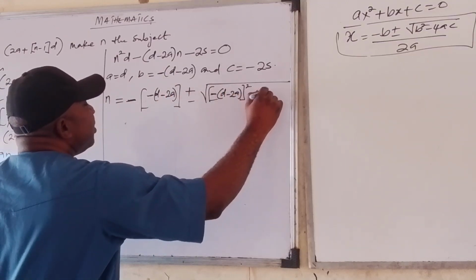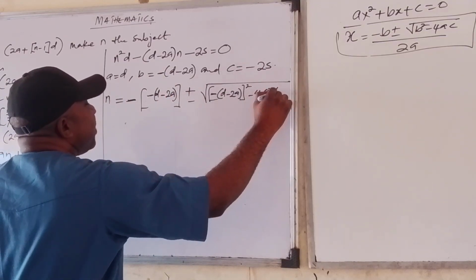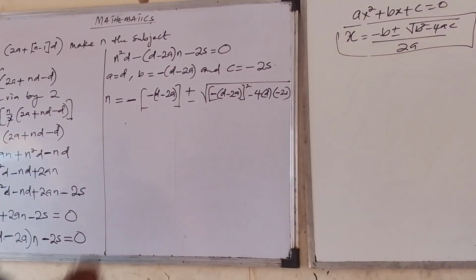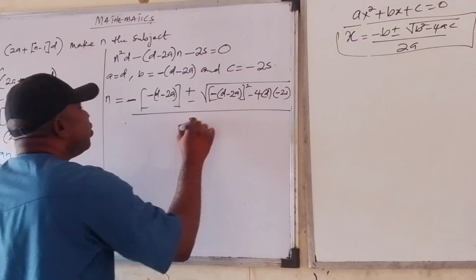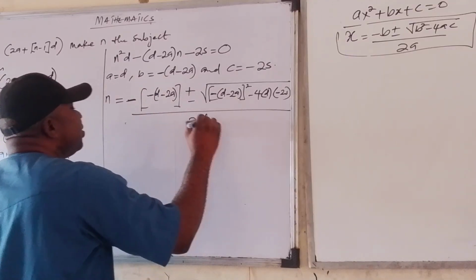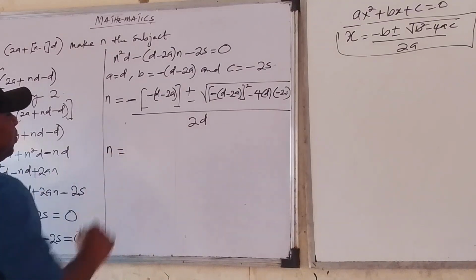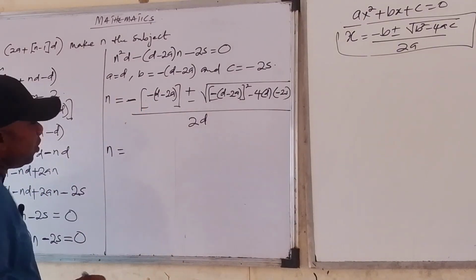Our a is d and our c is minus 2s. Now all over 2a, and a is d. So it means n will be equal to minus will change to plus.